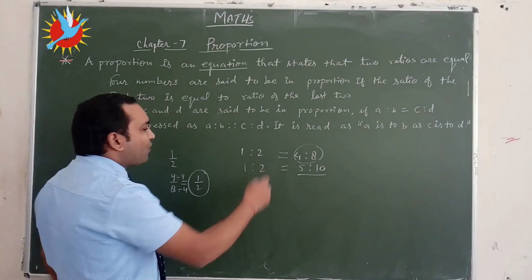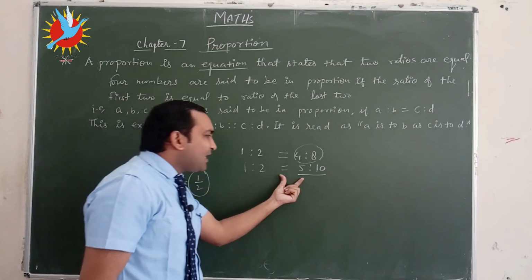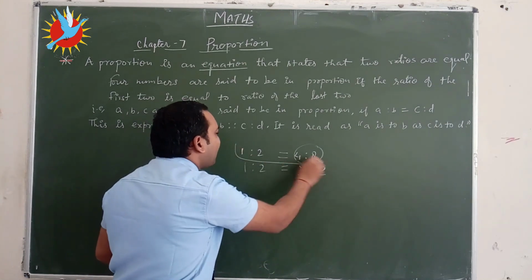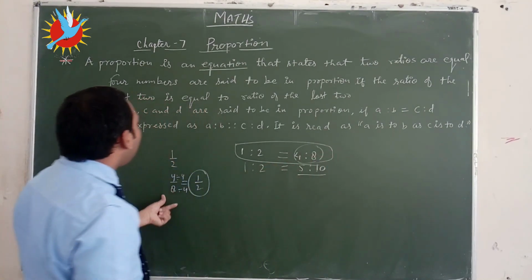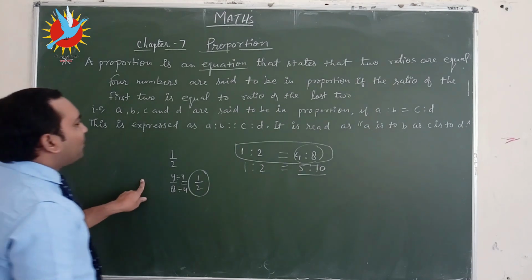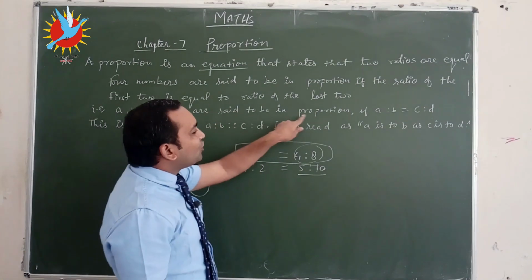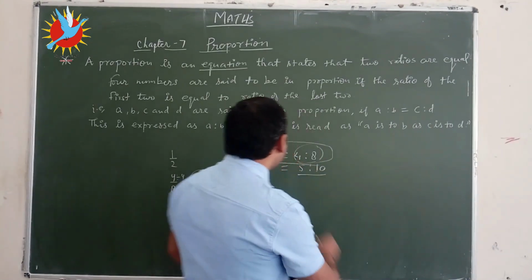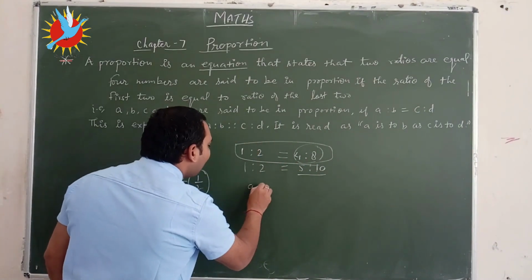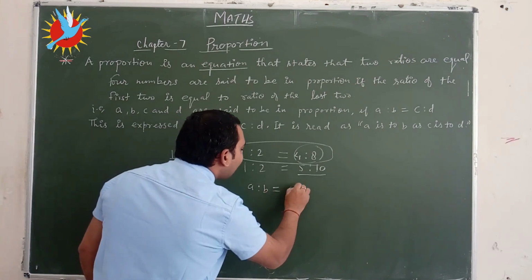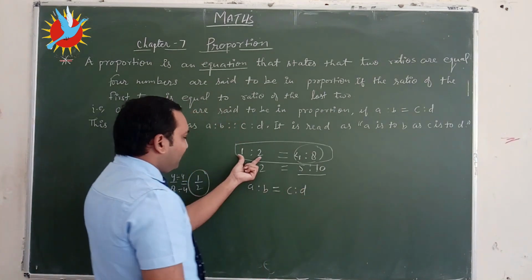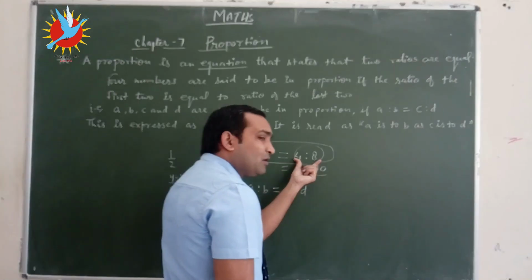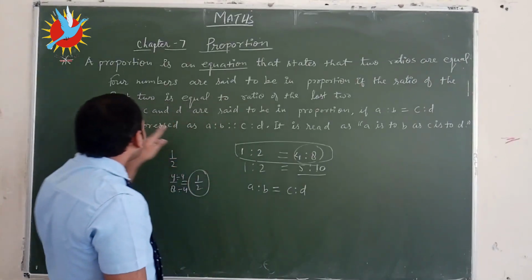When the two ratios are equal, we can say that these four numbers are in proportion. Four numbers are said to be in proportion if A is to B is equal to C is to D. So here the first ratio is equal to the second ratio.